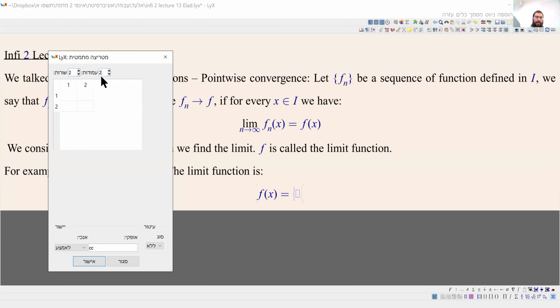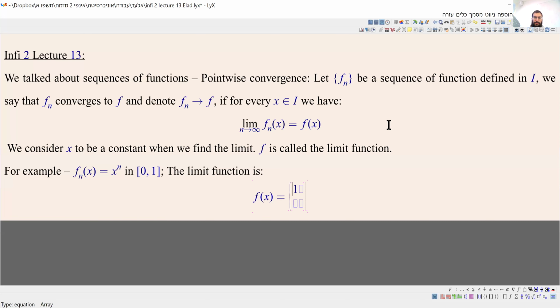But for every other x in our segment, half to the power of n, third to the power of n, when the base is smaller than 1, the power tends to 0.